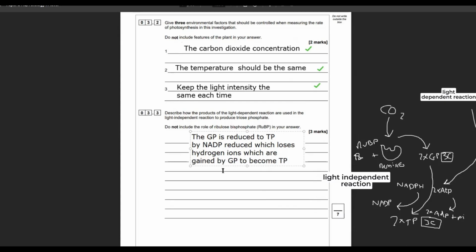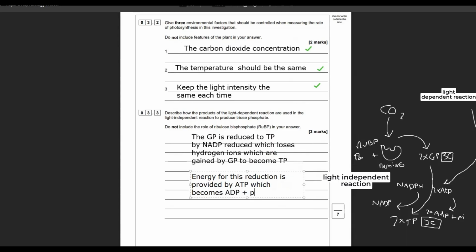The other thing is that the energy for this reduction is provided by ATP, which becomes ADP plus Pi.